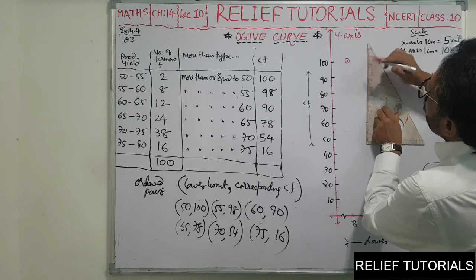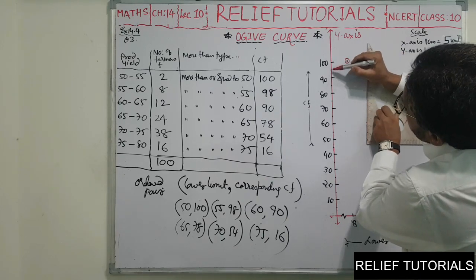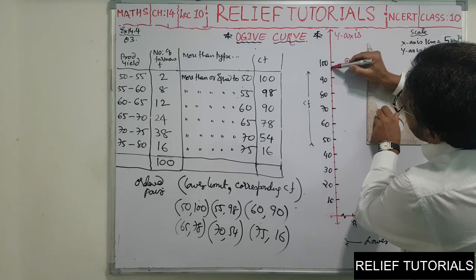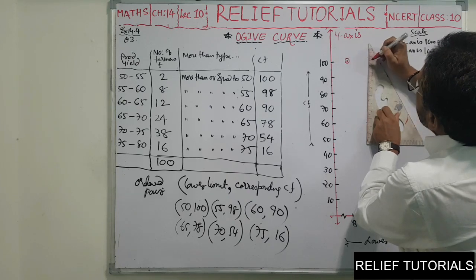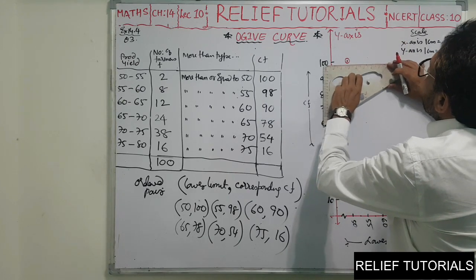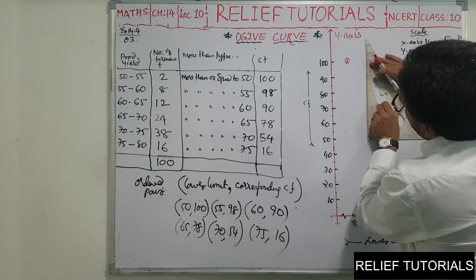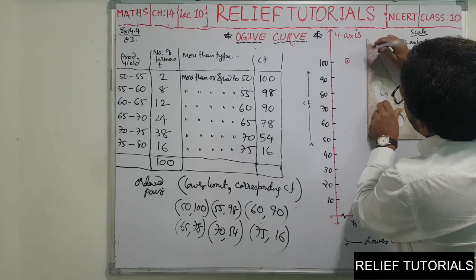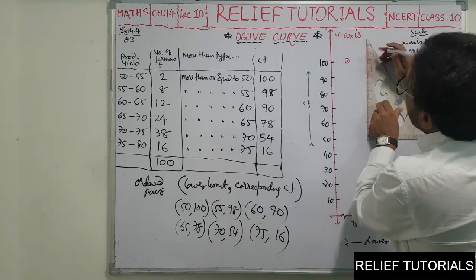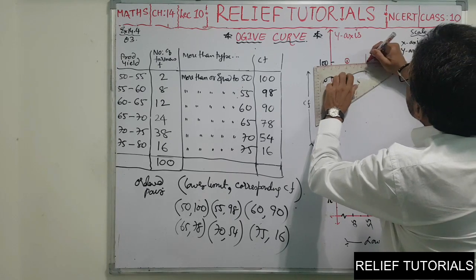This is 90, this is 100, so you know there are 10 boxes here, so 91, 92, 93, 94, 95, 96, 97, 98. Here somewhere will be 90, so you will draw a straight line here, see, so this will be our point.